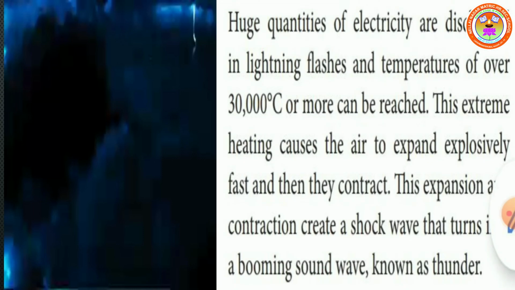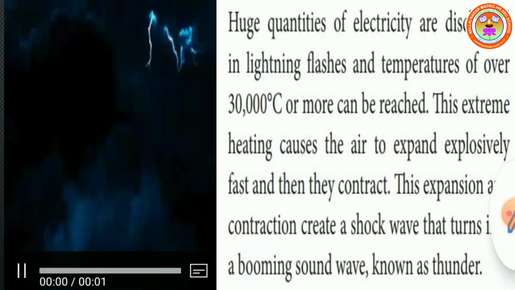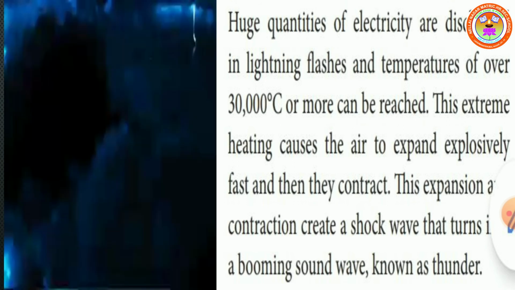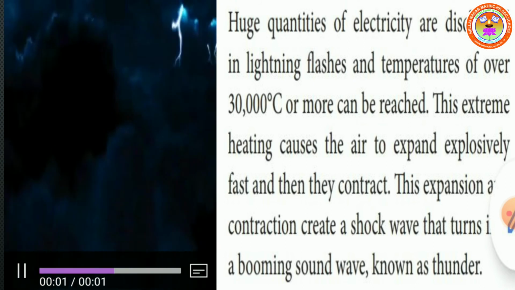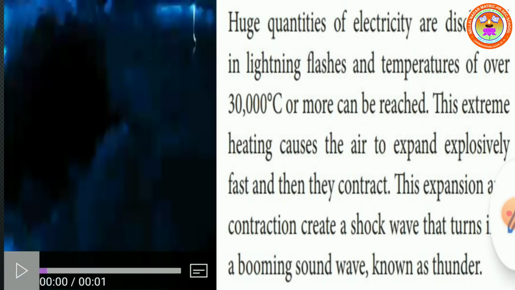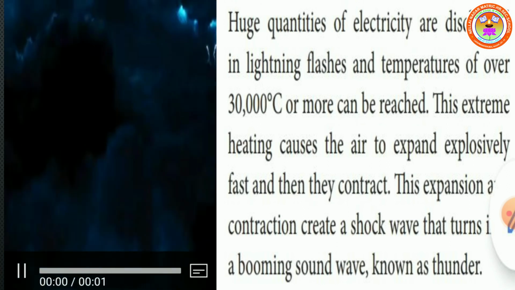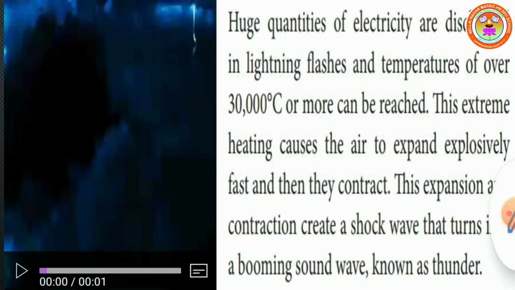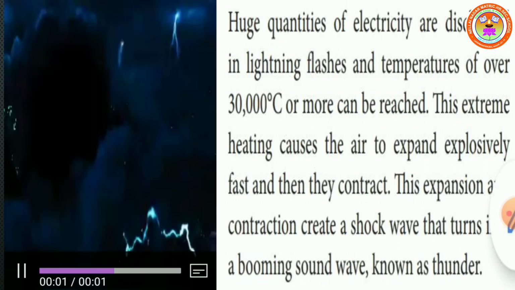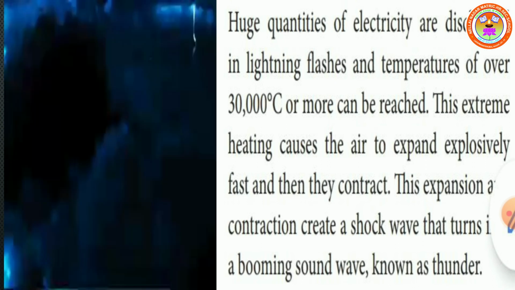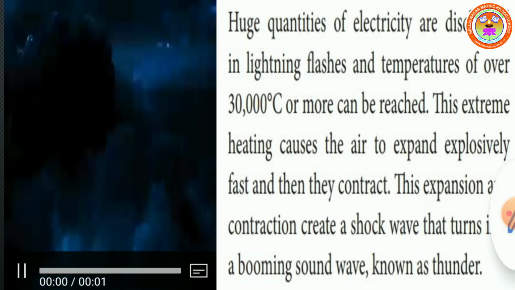Huge quantities of electricity are discharged in lightning flashes and temperatures of over 30,000 degrees Celsius or more can be reached. This extreme heating causes the air to expand explosively fast and then contract.